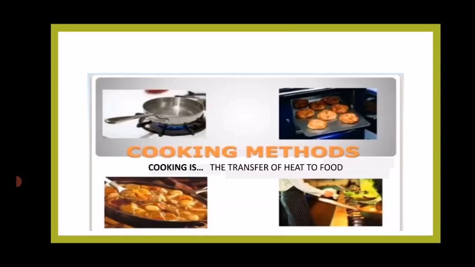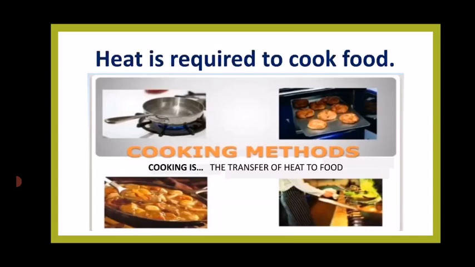Okay, cooking itself means transfer of heat. So heat is very necessary to cook food. Without heat you will not be able to cook the food. So then where do you get this heat from? We get the heat from the stove, the cooking gas, etc.